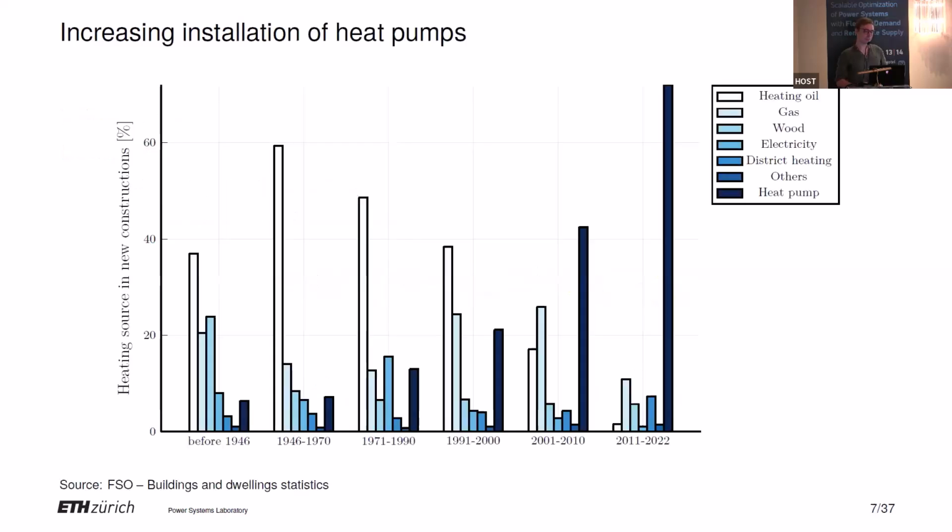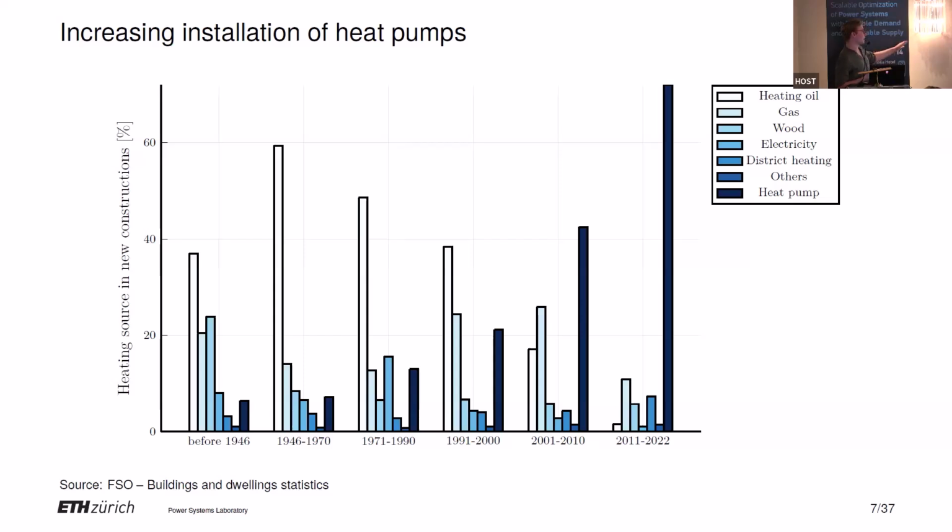The reason this is also important is because, of course, in more northern countries, the demand for heating energy is a big part of the energy consumption of households, and the installation of heat pumps is really skyrocketing. This is a graph for Switzerland showing the heating source in new construction, in percentage, throughout different periods.